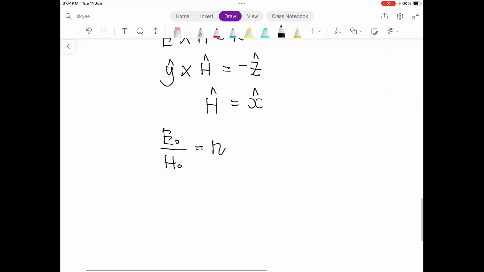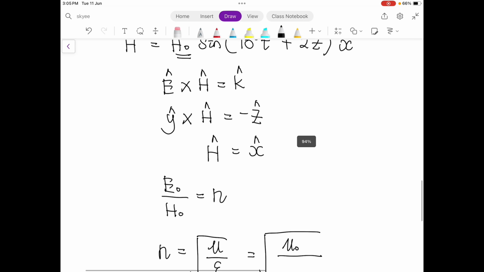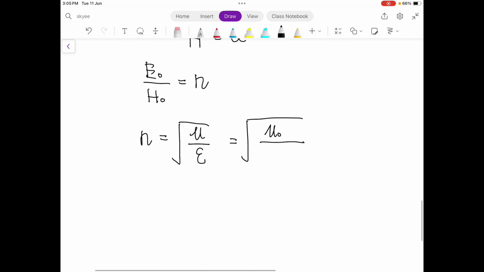So mu equals mu naught, divided by epsilon, which we found just now: epsilon r is 35.95 multiplied by epsilon naught.